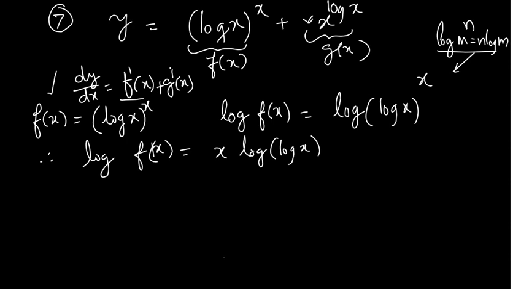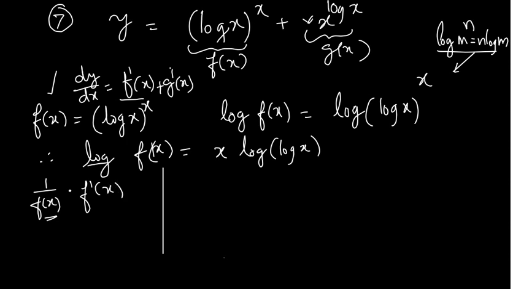So now you have to differentiate on the left side, and you have to differentiate on the right side. So the left side differentiation is 1 divided by f of x. Because log is there, you will get 1 by f of x into differentiation of this, chain rule.